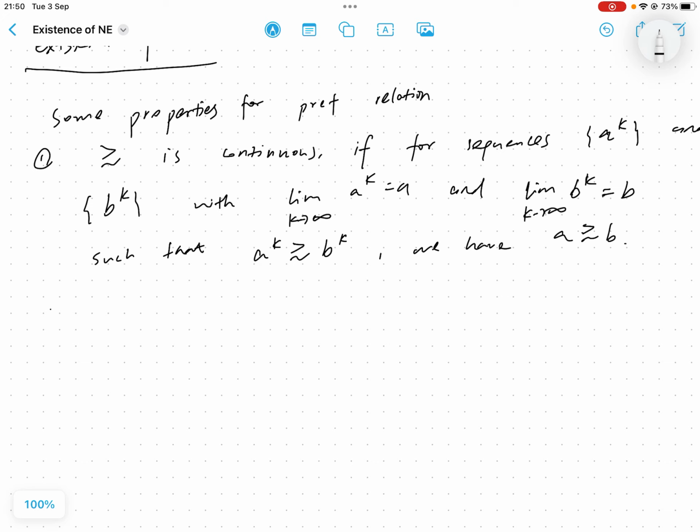So the second one is that the weakly preferred relation on R^n is quasi-concave.